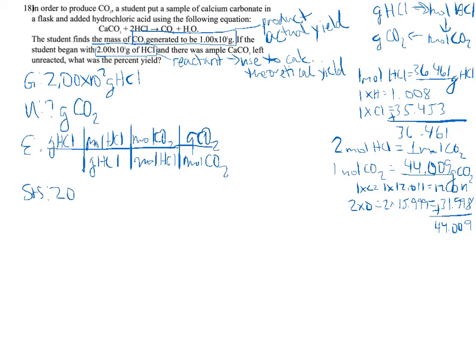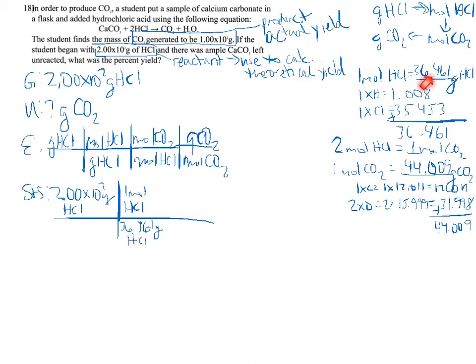So we're given 2.00 times 10 to the second grams of HCl. And remember, molar mass is always 1 mole over our mass, which is 36.461 grams. And I'm sorry for the ugly handwriting there.